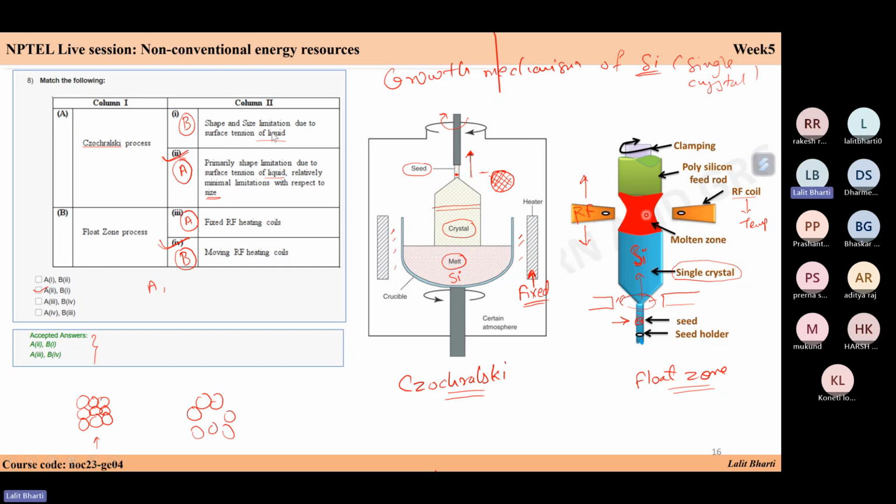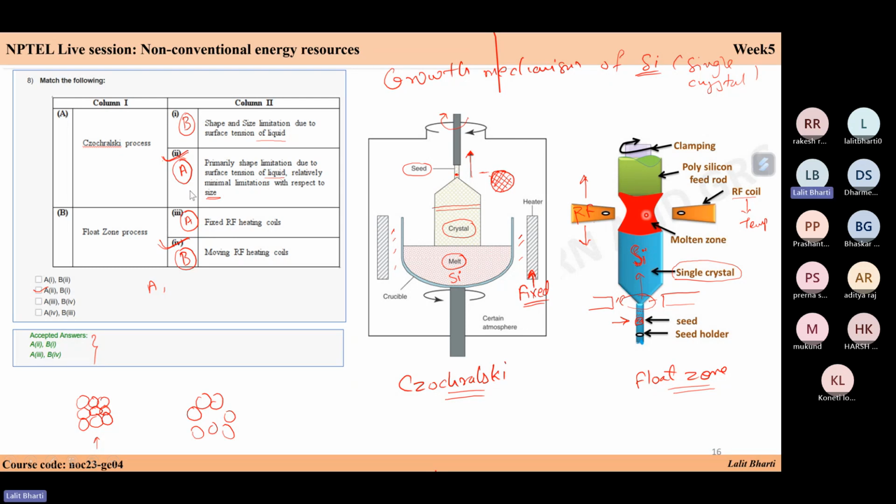So for A, shape and size limitation due to the surface tension of the liquid: surface tension is basically involved in the float zone, because we have a melting zone there, and surface tension plays its role in the float zone process.